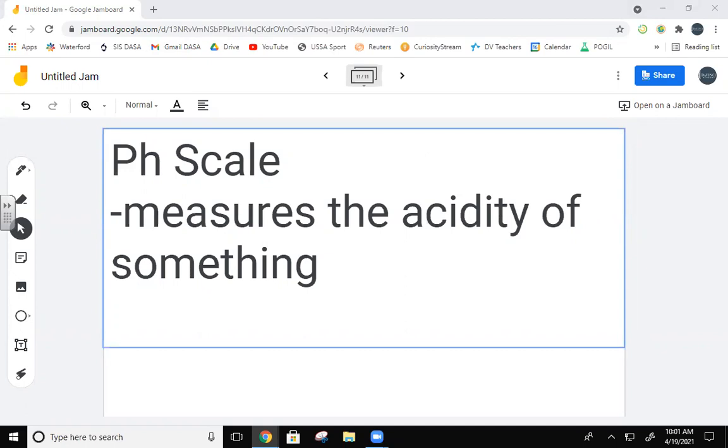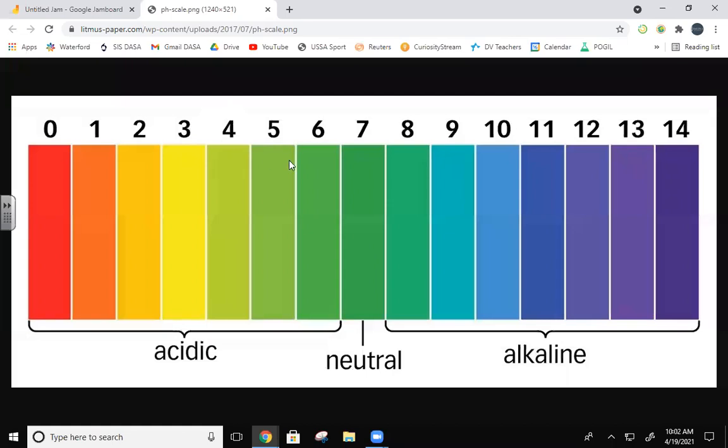So when we look at a pH scale, oftentimes it will look something like this, okay? Acidic, neutral, alkaline, or sometimes people call it basic.